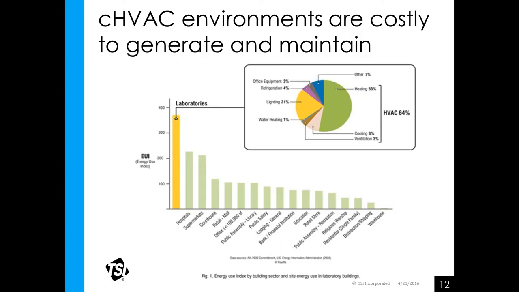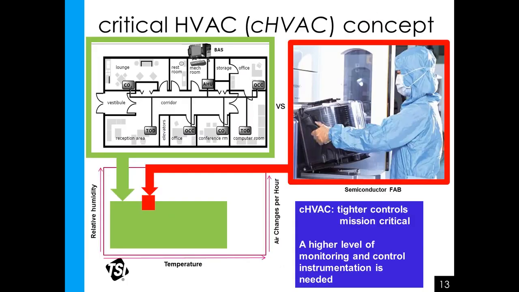I want to compare that against what normally would be a real critical environment, let's say a laboratory. So the U.S. Energy Department has what they call energy use indexes for all the typical operations you see on the x-axis. From warehousing on through lodging and hospitals, through libraries and retail malls, you can see the relative energy use climbing all the way going to the left up to the top, number one, which is a laboratory.